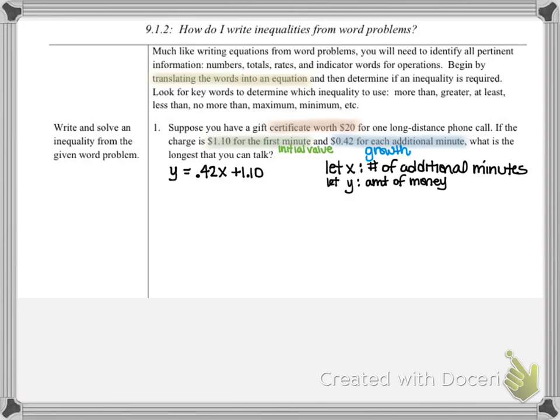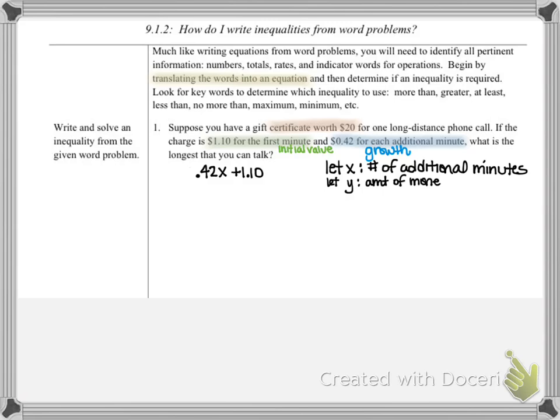Okay, so now I'm going to go back up to the question. And I had that 20. So if I take the $1.10 plus the 42 cents for every single minute, now I have a limitation on how long I can speak. I can only speak up to $20 worth. I can't speak more than that. So I think what I want to do here is move my y to the other side.